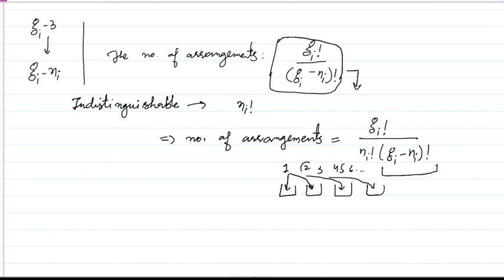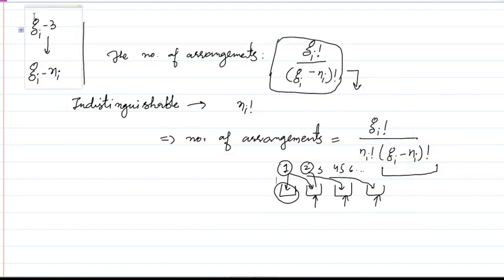The second particle can go into any of the remaining cells, because the first cell is now occupied by the first particle. Similarly the third particle has Gi minus 2, and that is why we get Gi minus Ni states.